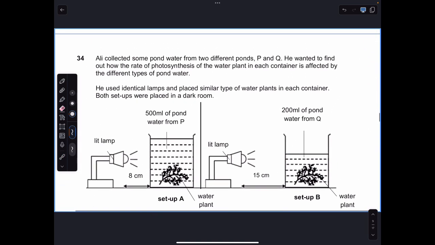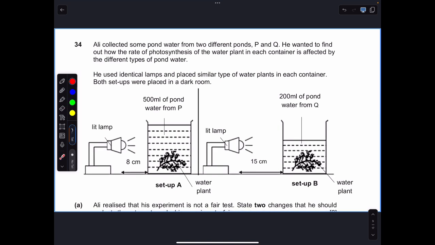Okay, next. So basically, Ali collected some pond water from 2 different ponds. I straight away know already, this is my CV. He wanted to find out how the rate of photosynthesis of water plant in each is affected by different types. Oh, this is my aim. Why? Because there is the word he wanted to find.